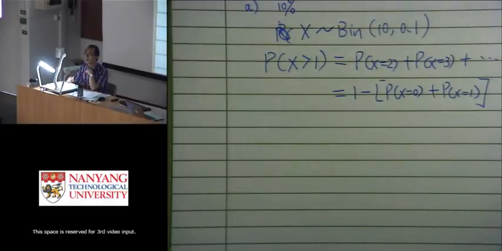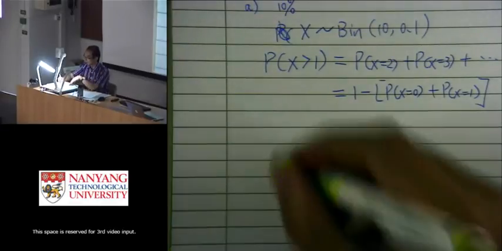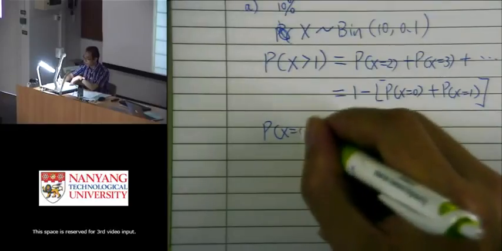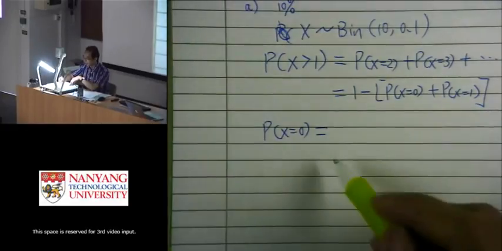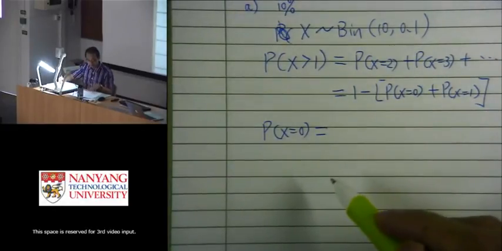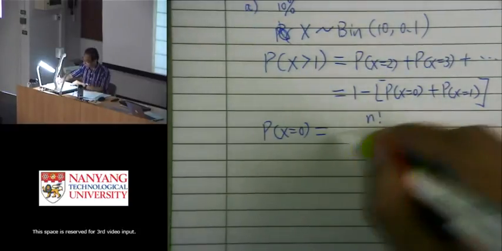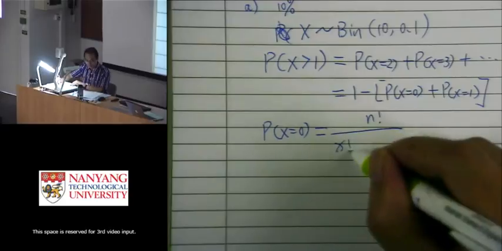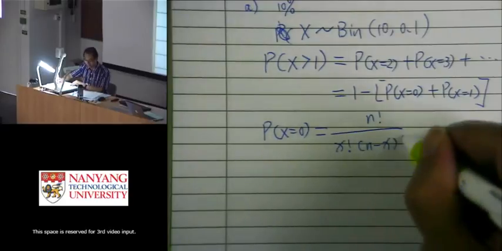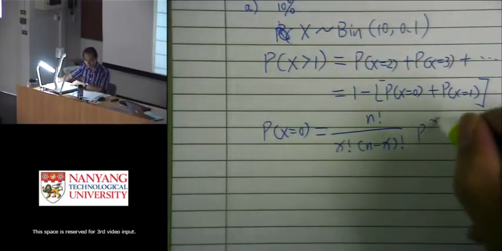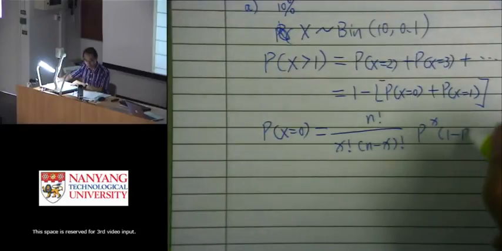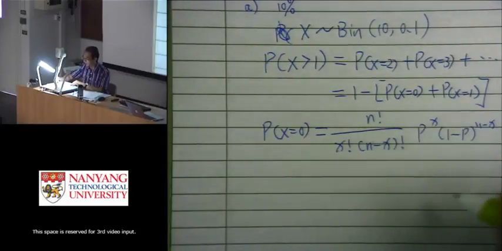Either way is correct. For P(X=0), the formula is n factorial divided by x factorial times (n minus x) factorial, times p to the x, times (1 minus p) to the n minus x.